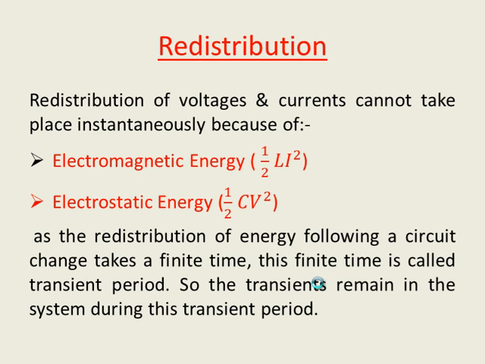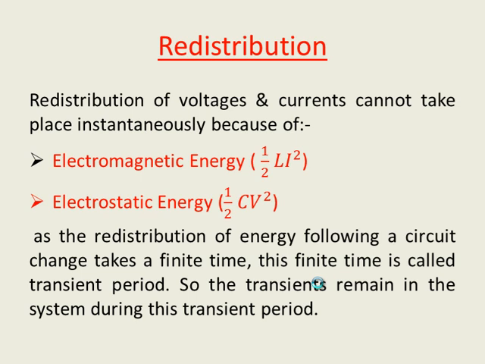I am repeating: in order to have transients in an electrical system, number one, either an inductor or capacitor or both should be present, and the second one, there should be a switching operation or a fault.